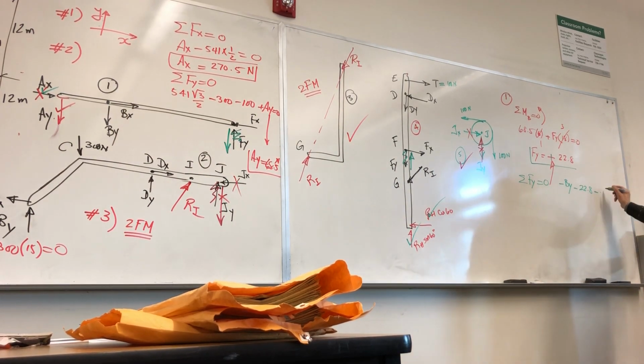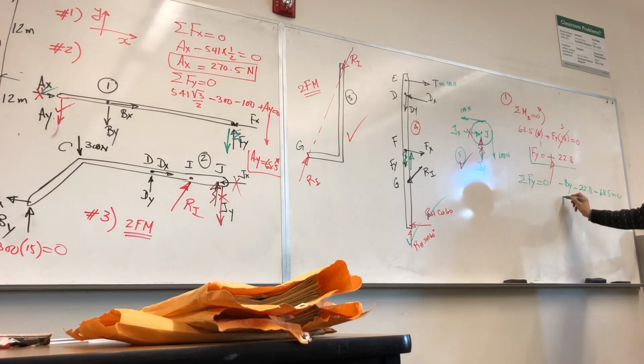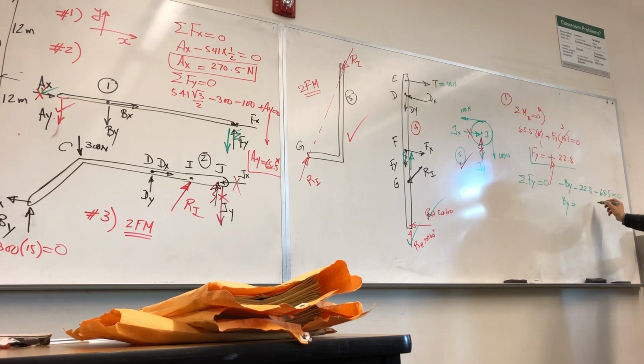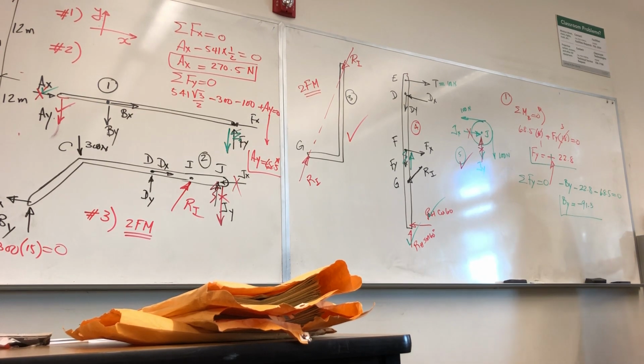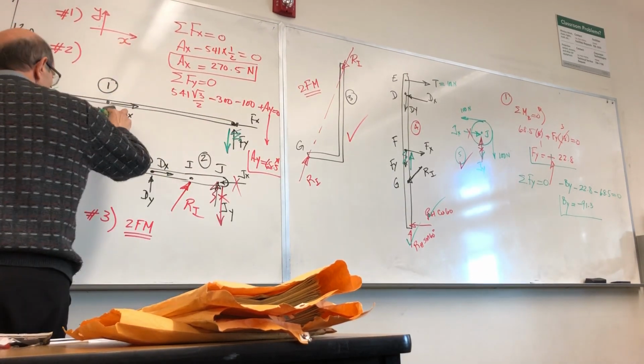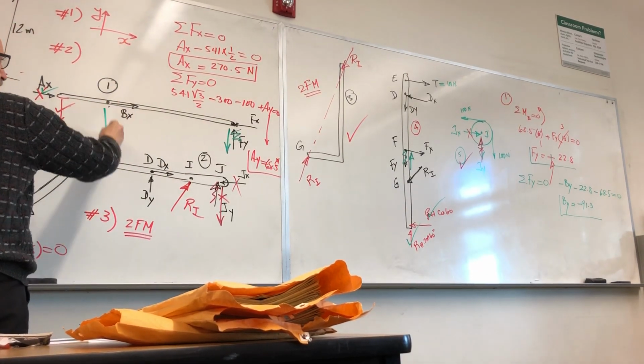So 68.5 is equal to 0. So BY comes out to be negative, right? 91.3. That means again what? BY, the assumption for its direction is wrong, so you have to change that.